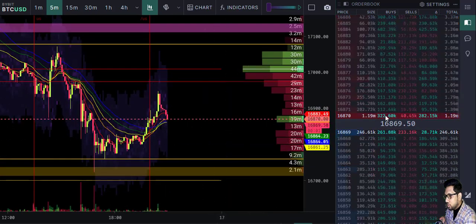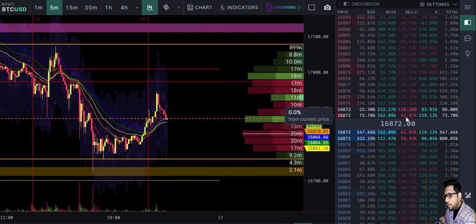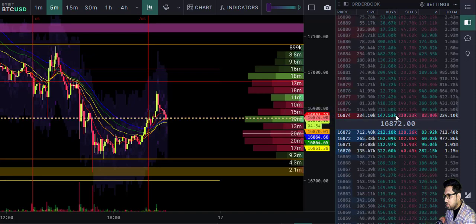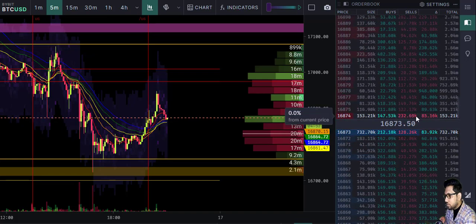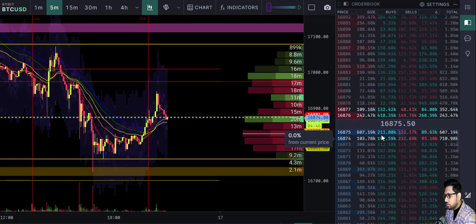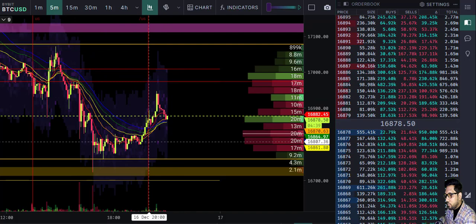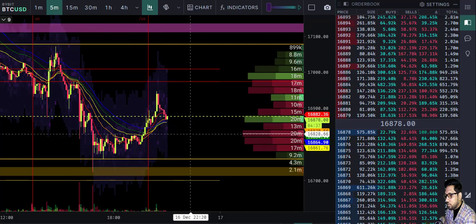Some short sellers are coming in at Bybit USD perpetual, but we have a high amount of support below from the buyer side. So possibly the EMA ribbon has been supporting the price right now.